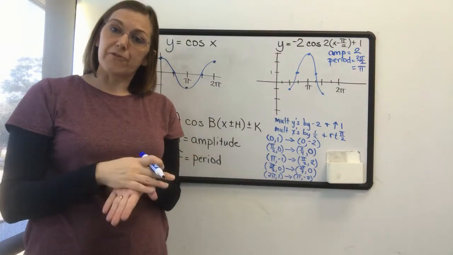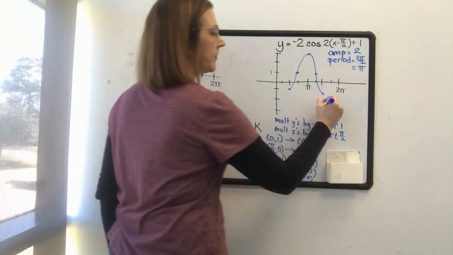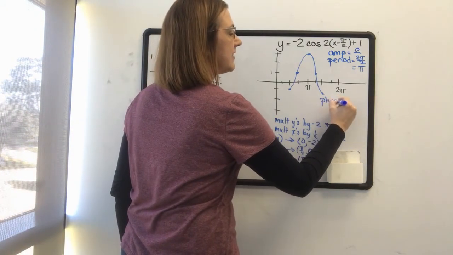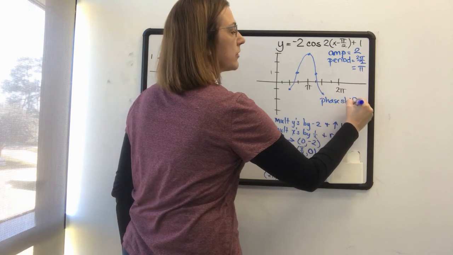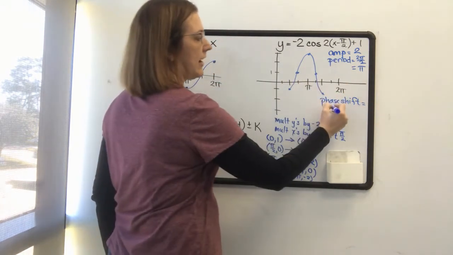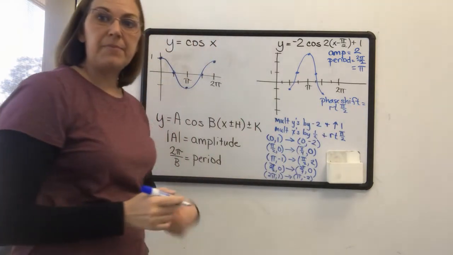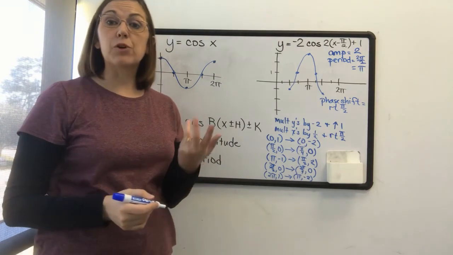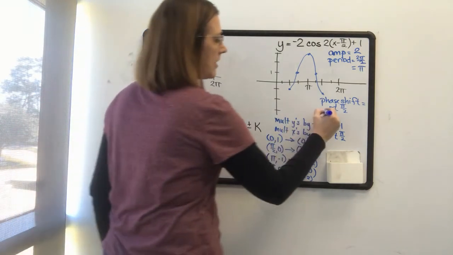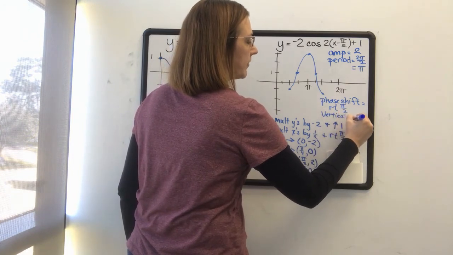A couple of other phrases you might see are phase shifts. A phase shift is simply the horizontal shift, so in this case, that's our right pi over 2. And then you also could be asked for your vertical shift, and your vertical shift in this case is your up 1.